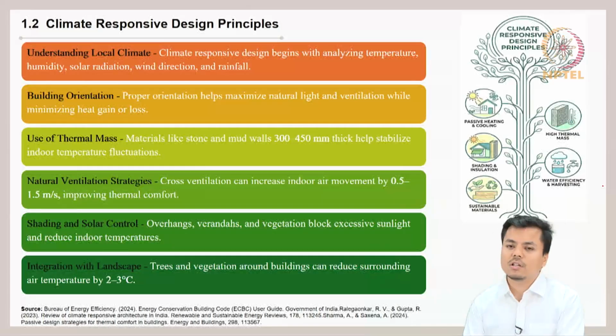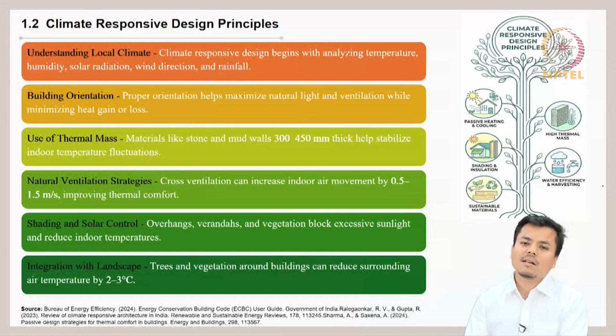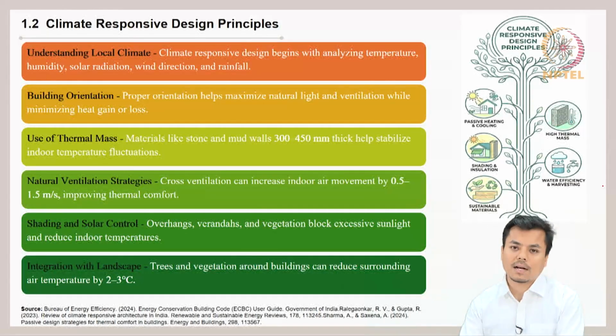In a hot and dry climatic region, you can't suggest someone build using RCC as a material, because the building will heat up very soon. You have to go for an alternative material other than RCC for construction. That is the reason why understanding local climate is very necessary.